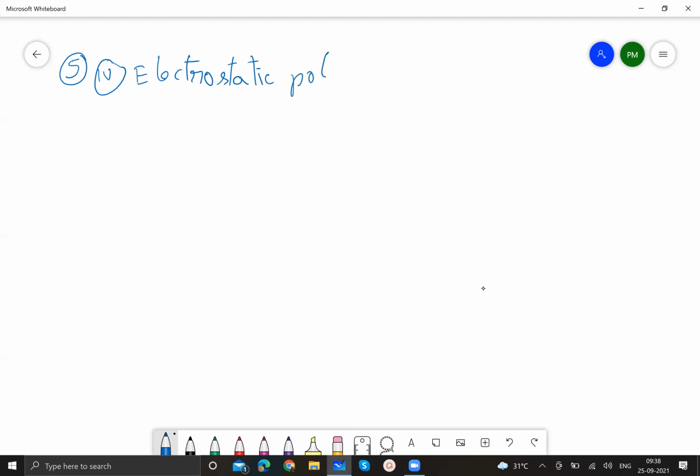Electrostatic potential energy, this is called EPE. Now let us begin with a simple case of a pair of electric charges.